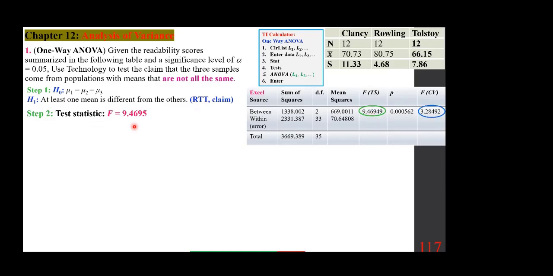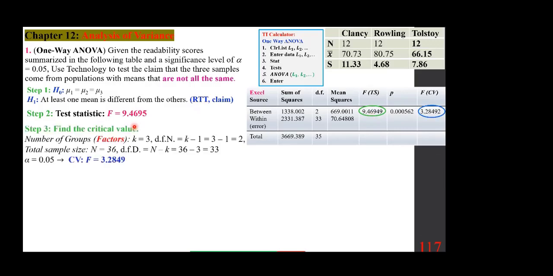This is the critical value. Now, this critical value can come from the table. Degrees of freedom for the numerator is the categories minus 1, and degrees of freedom for the denominator is the total number of data minus the number of categories, as I explained it here. Either way, we can find the critical value. We can also look at the p-value.